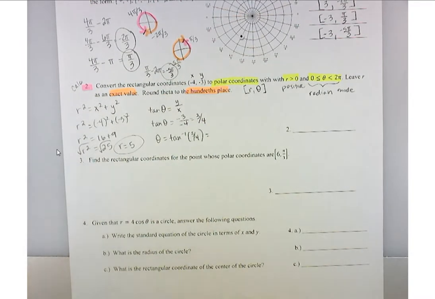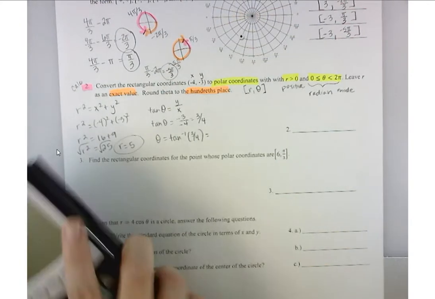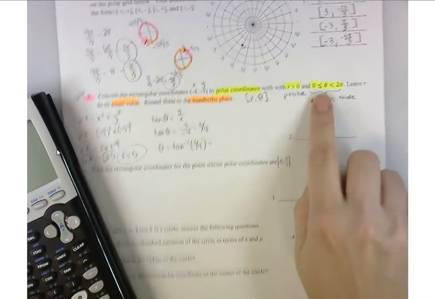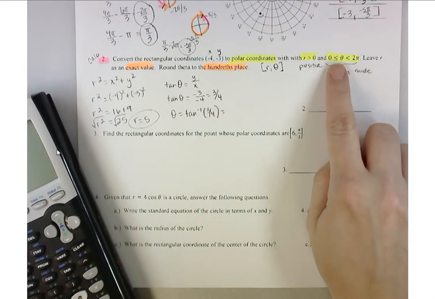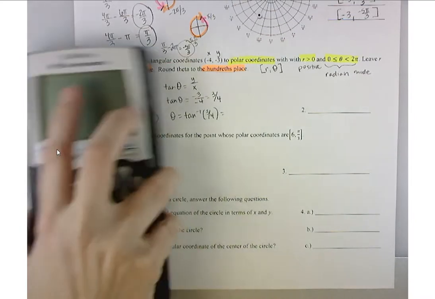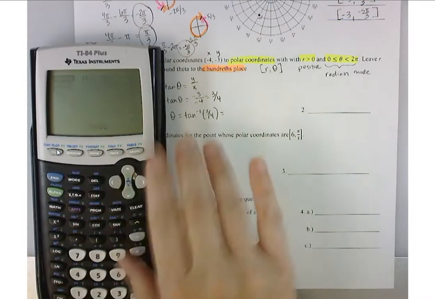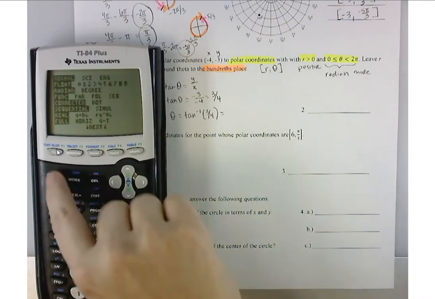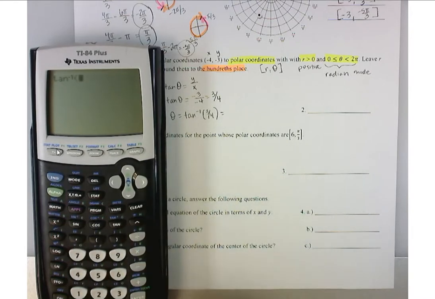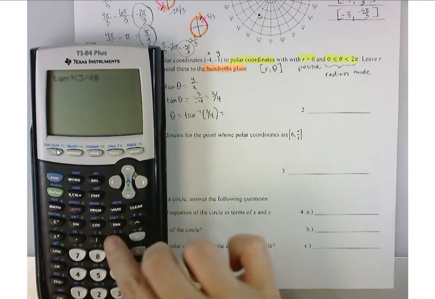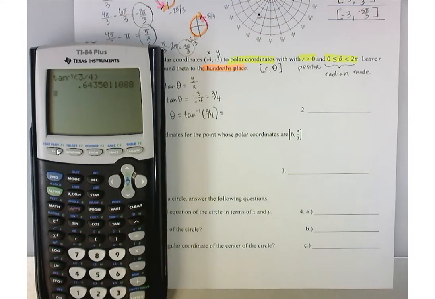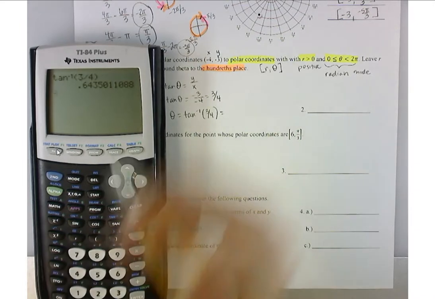Be careful, because sometimes what you get on your calculator is not what you're going to write as your answer. You have to pay attention to quadrants, and also to the fact that theta has to be between 0 and 2 pi. I'm going to double check my mode. I'm in radians, so I can do my inverse of 3/4. Okay, so then I get 0.64.